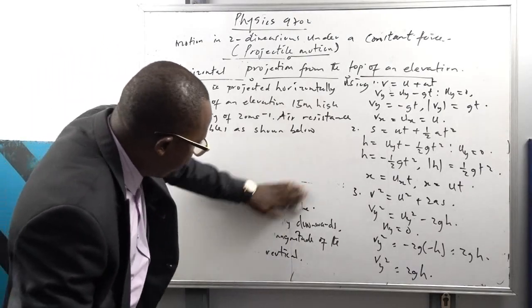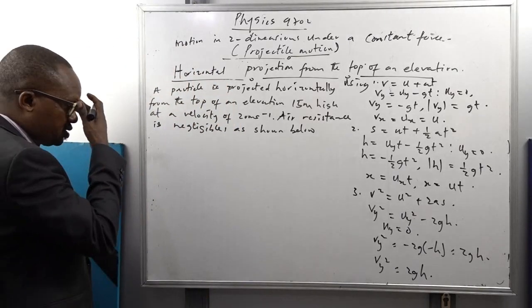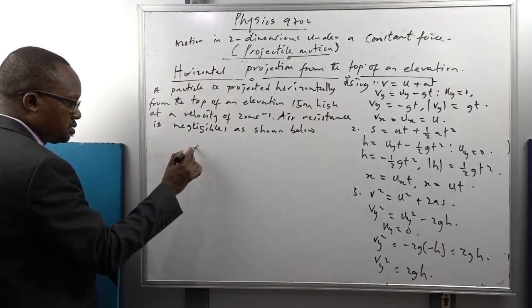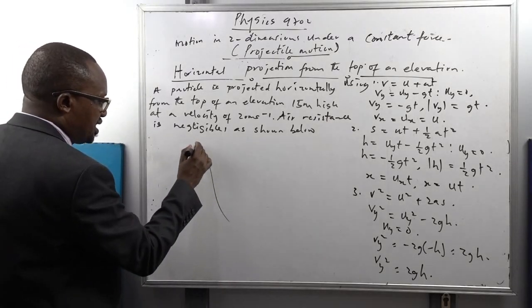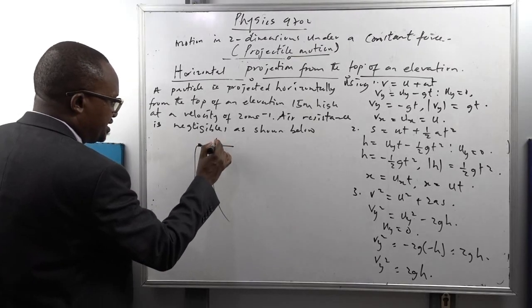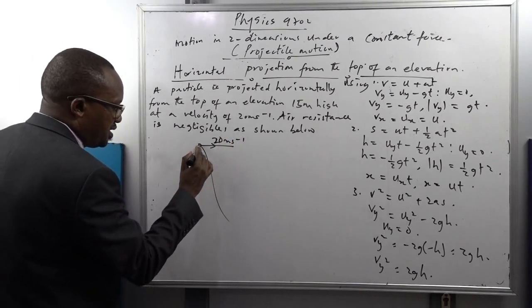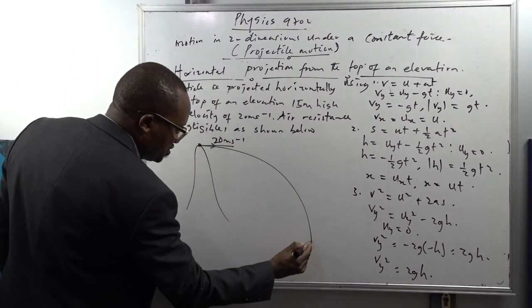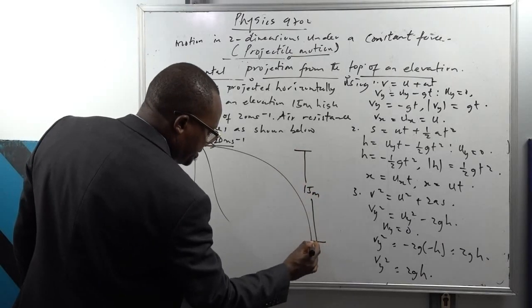So here we have a case in which the particle was projected horizontally from the top of an elevation 15 meters high at a velocity of 20 meters per second. So the particle moves forward and downward. This vertical height is 15 meters.